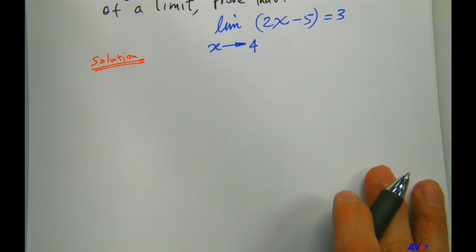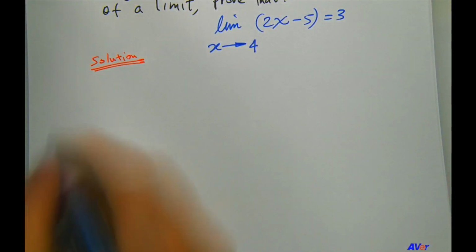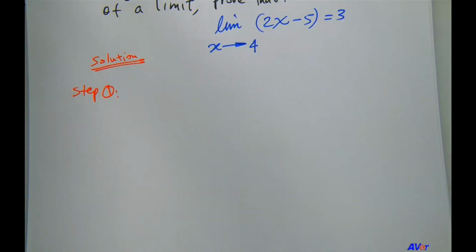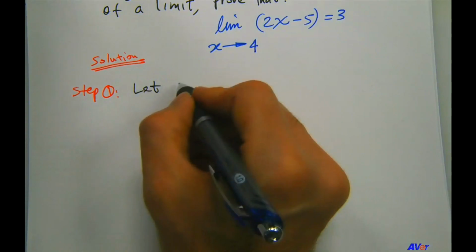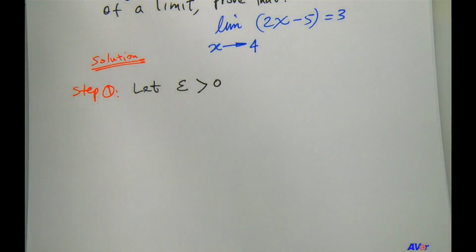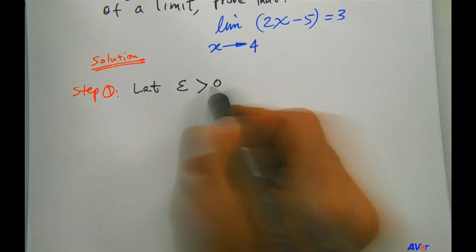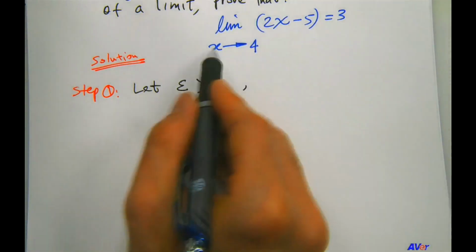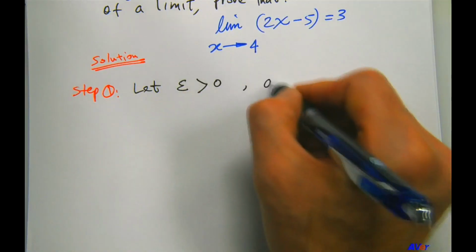Okay, so step 1, let epsilon be greater than 0. Some arbitrarily small number that is greater than 0. In this case, a is 4, right?